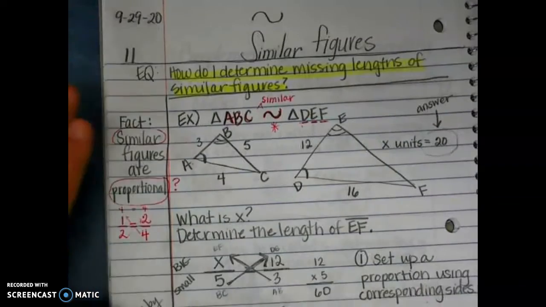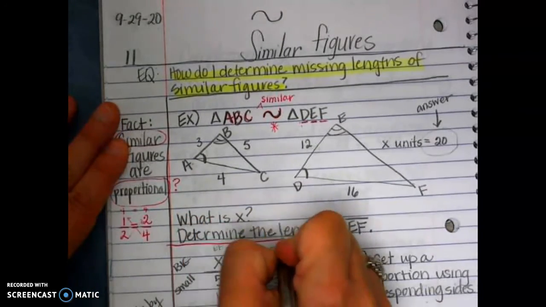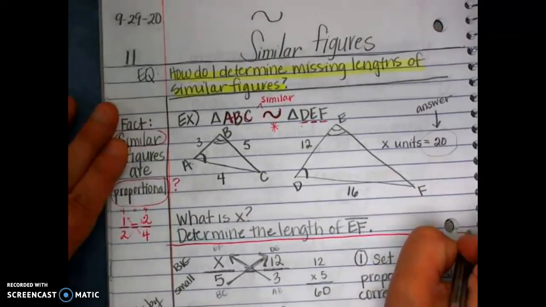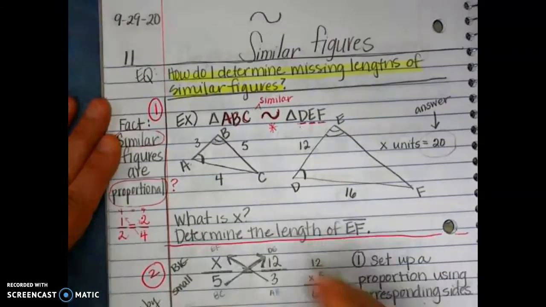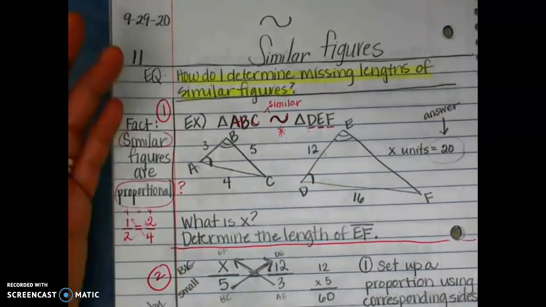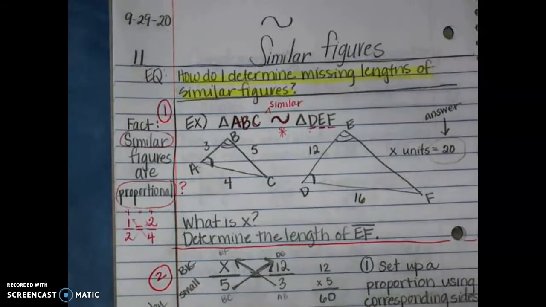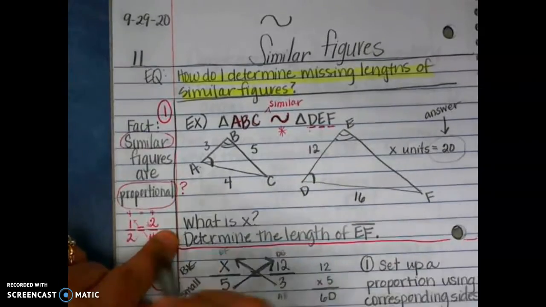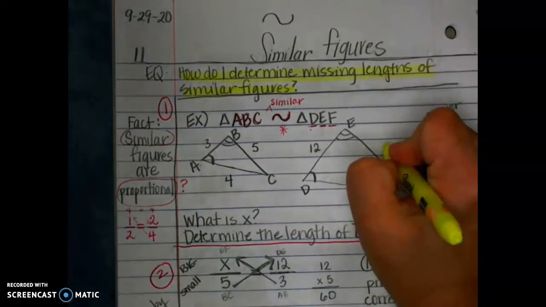The problem itself is right here. I'm going to just put a line that separates these notes. I'm going to call this section 1 and this section 2. Section 1 sets up the problem. Section 2 works out the problem. So in section 1, I want to know what X is. And I'm going to highlight the X so that it sticks out when I go to study.